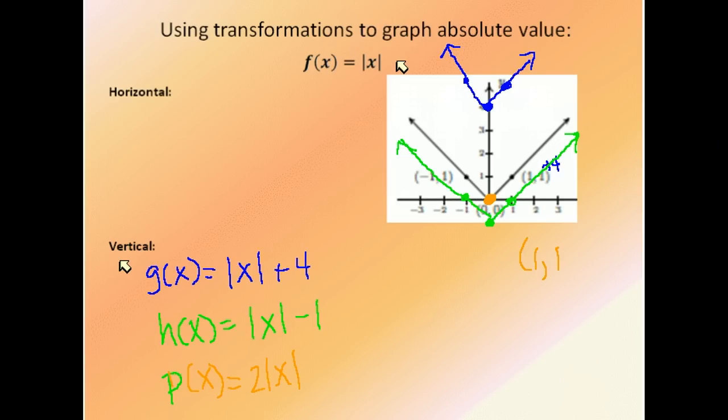My 1, 1, again, this is the y values that are changing, so I'm going to multiply that by 2, and I get the point 1, 2. So you can see what happened is the slope of my line, instead of being 1 here, is a slope of 2. My negative 1, 1 over on the other side, again, this changes my y value by a factor of 2. So now I am at negative 1, 2. And there you go.